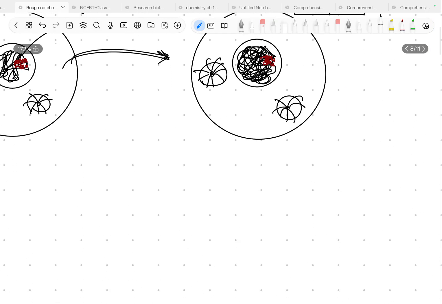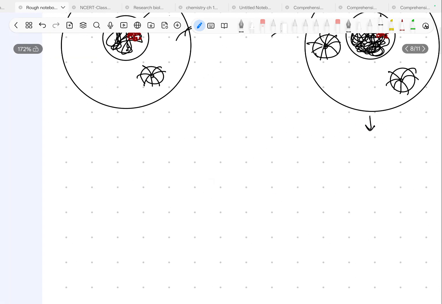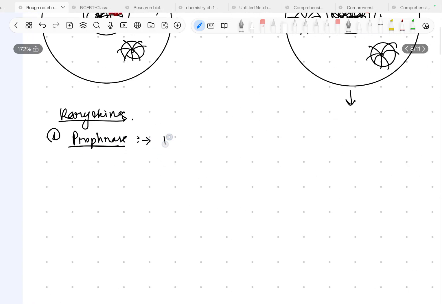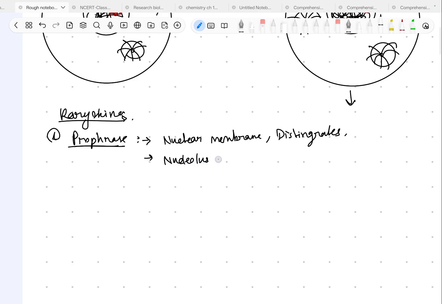But when it is starting the real mitosis, the first phase we are talking about is karyokinesis, and in karyokinesis first we are discussing the prophase. So what occurs here? Here the nuclear membrane disintegrates, the nucleolus also disintegrates.